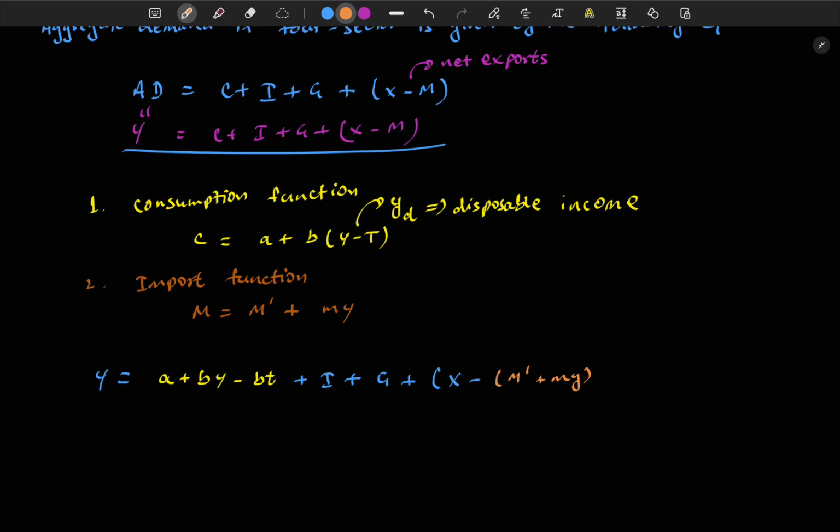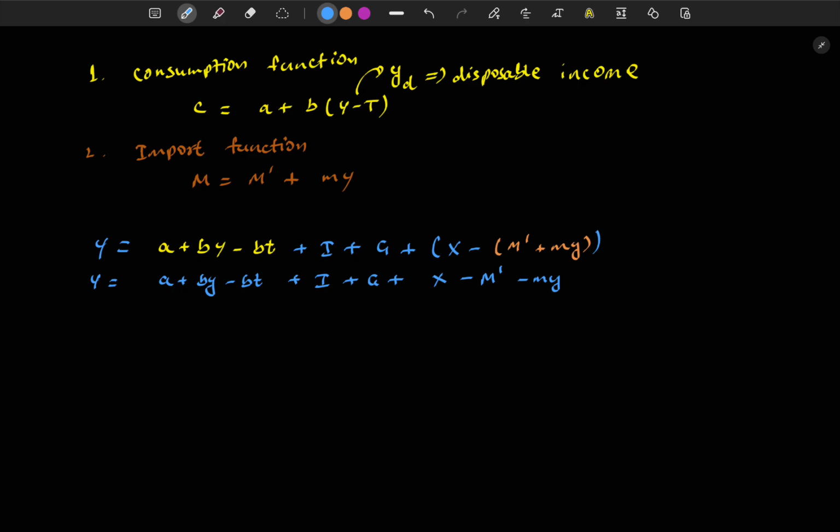Let me simplify this equation. This is A plus BY minus BT plus I plus G plus X, and distributing the minus into the brackets, you get minus M dash minus mY. These brackets are not required here.